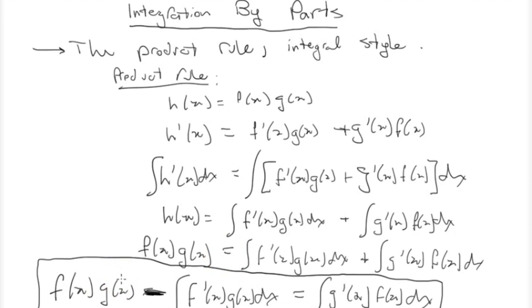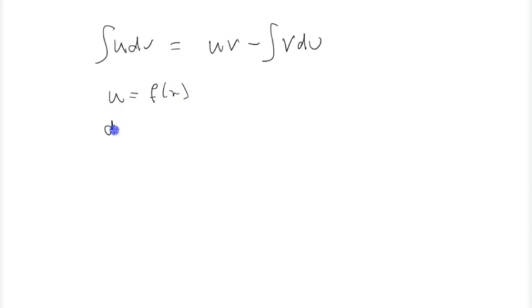The way I generally like to write out the product rule is this way. So you've got the integral of u dv is equal to uv minus the integral of v du. So the u can be thought of as the quote-unquote normal function, the f of x. The dv can be thought of as the g prime of x with respect to x.